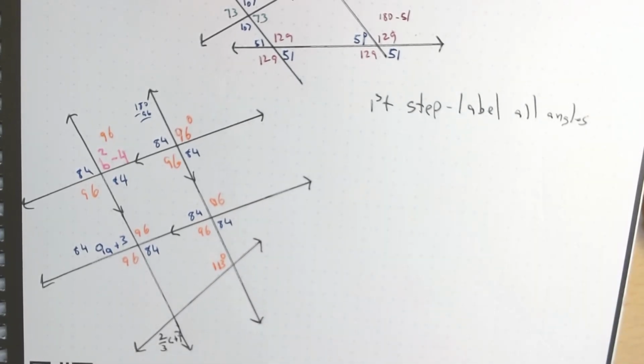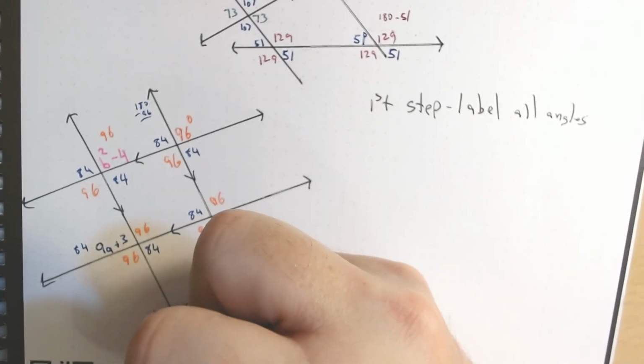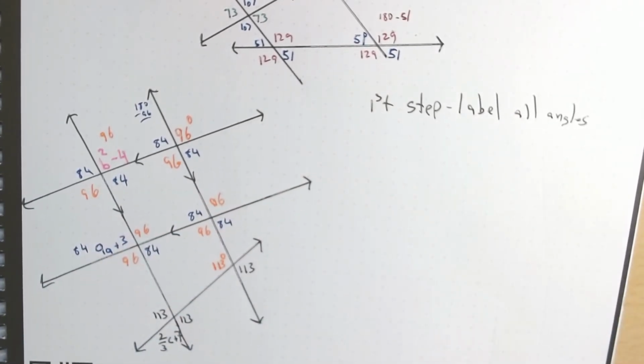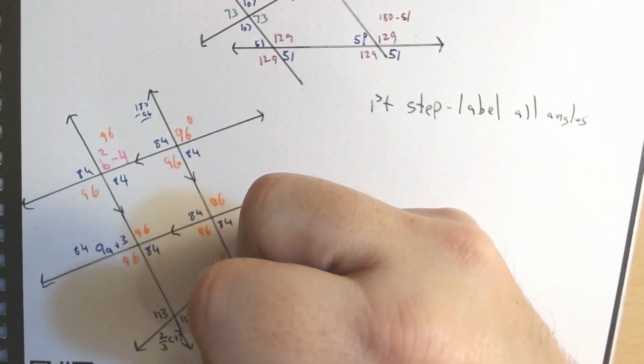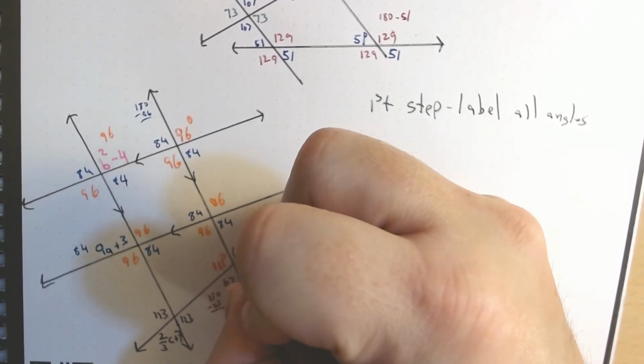Or you can say 84. Then 113. Do some math and say 180 minus 113. I get 67.